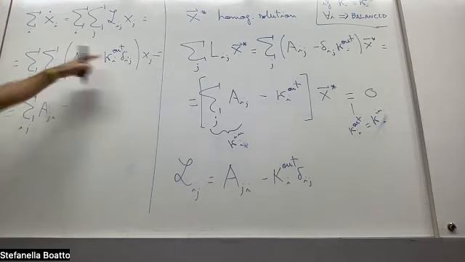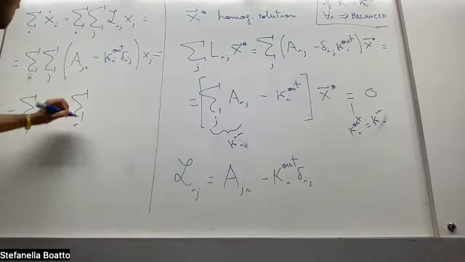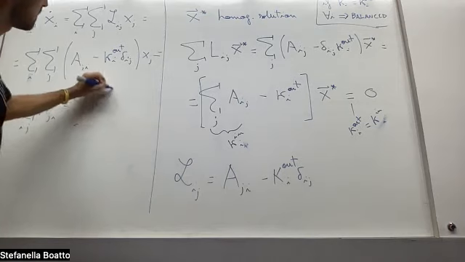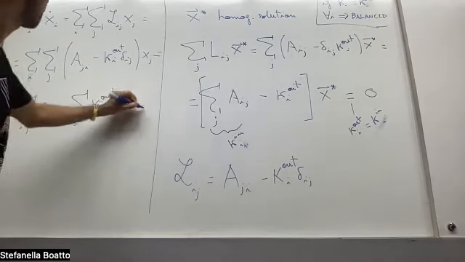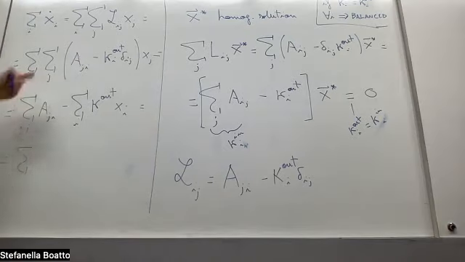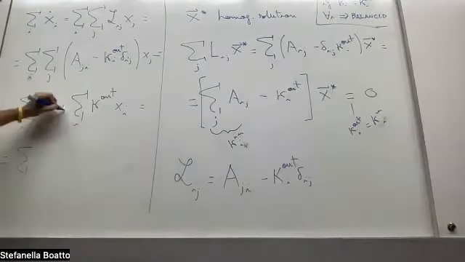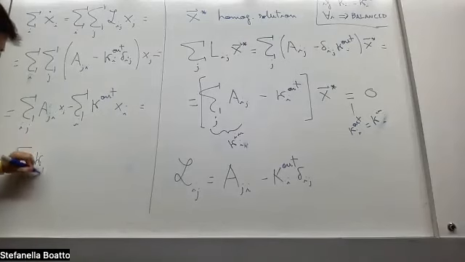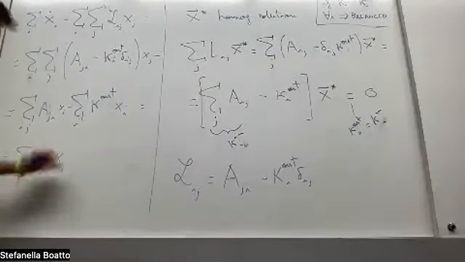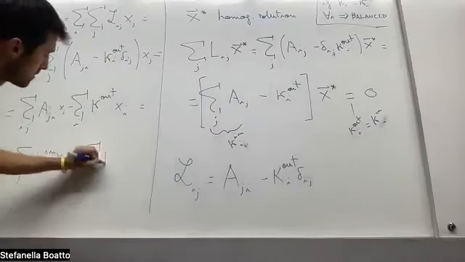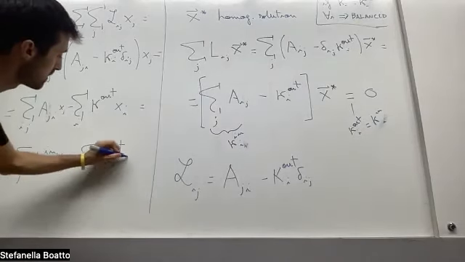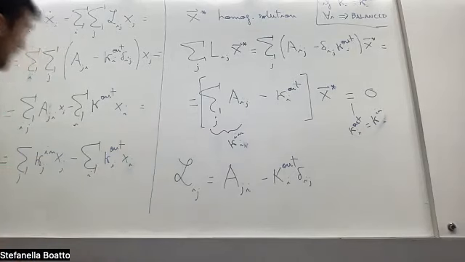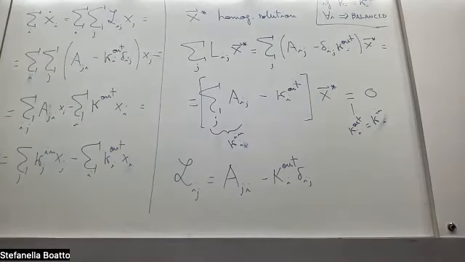Here you sum only over i because there is the Kronecker delta. Now I sum over i, and this is k_j in x_j minus k_out_i x_i.